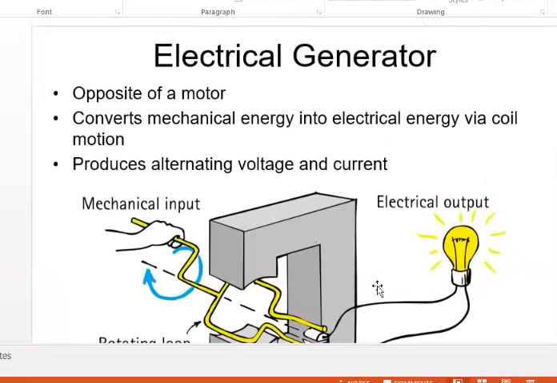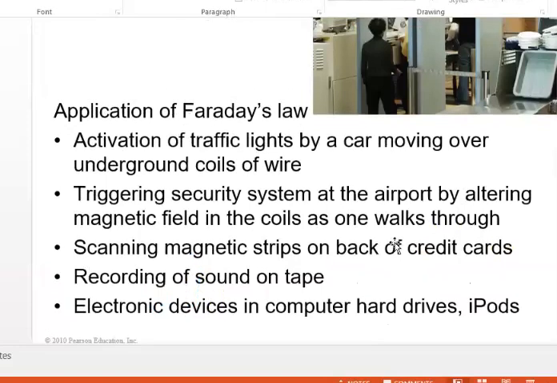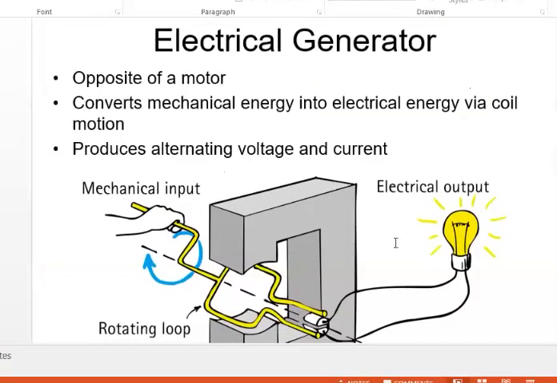Now, so far we have learned about electromagnetic induction. Now we apply electromagnetic induction to generate electrical energy. A generator is a machine that converts mechanical energy into electrical energy. That is the opposite of a motor.